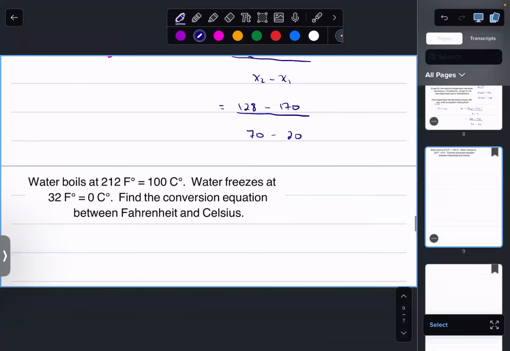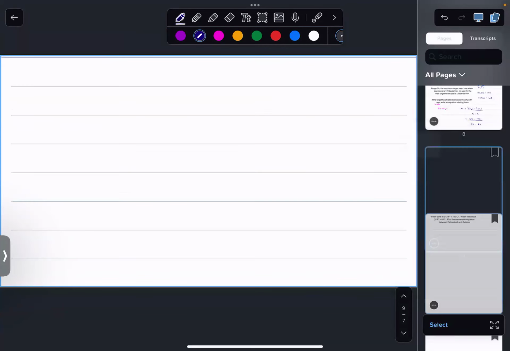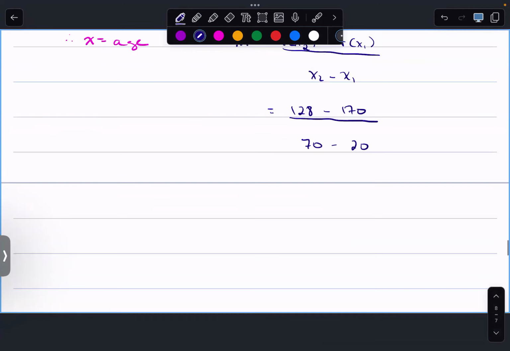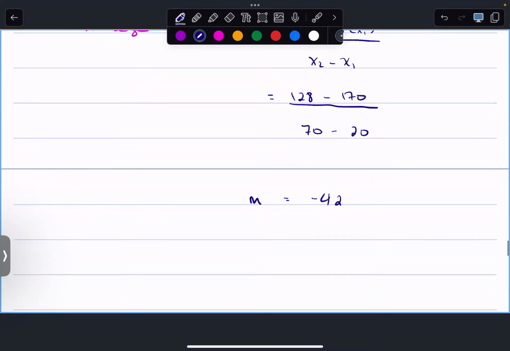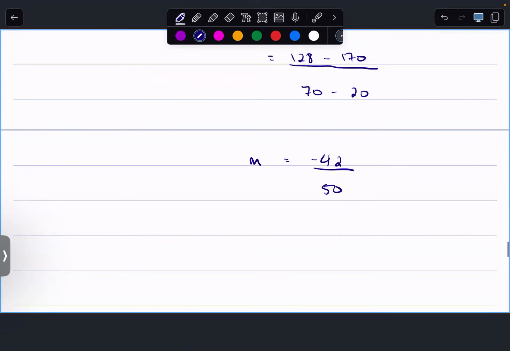128 minus 170, negative 42, divided by 50. Should we reduce this one or just leave it?